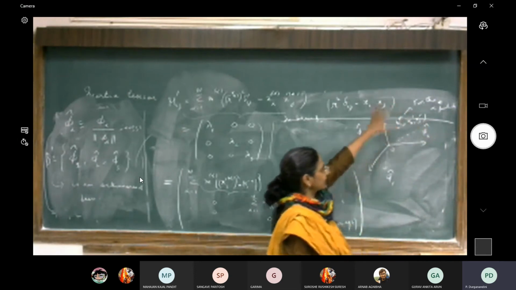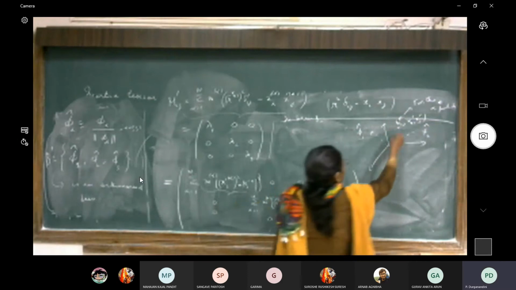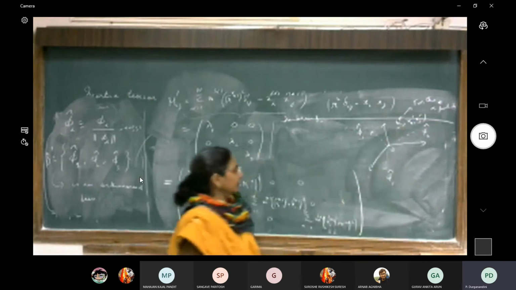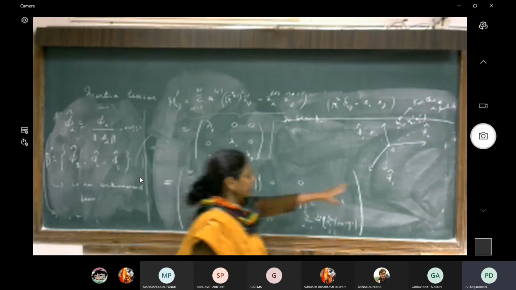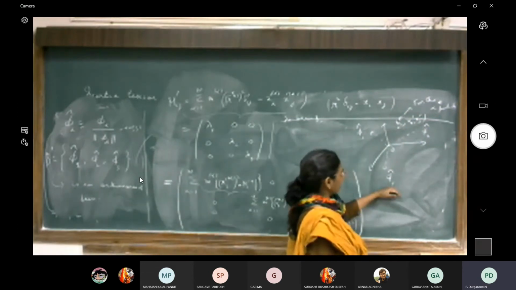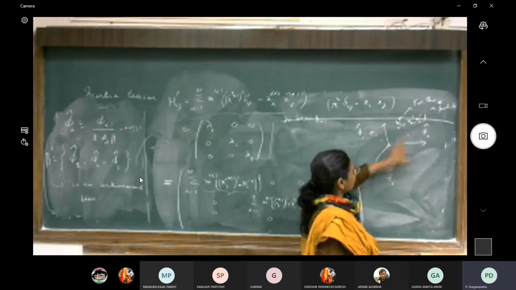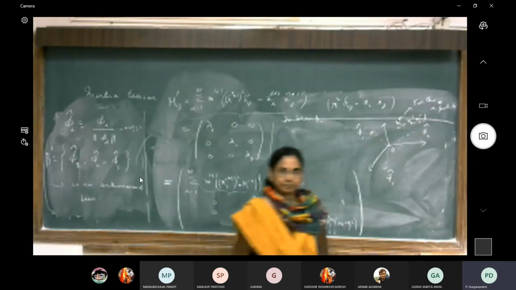I drop the alpha index there. Now, x2 prime and x3 prime, what are they with respect to this? So, x1 prime is the coordinate along the phi 1 axis, x2 prime is the coordinate along the phi 2 axis, and x3 prime is the coordinate along the phi 3 axis.